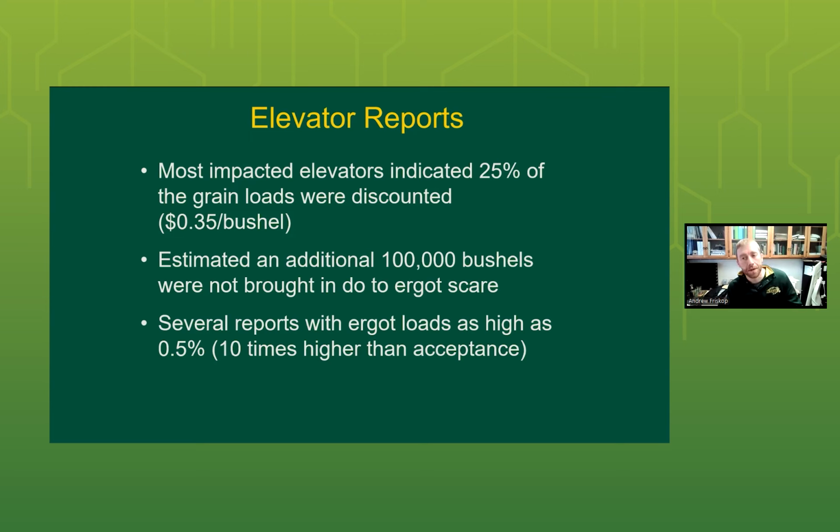Some of the samples coming in were at 0.5%, which is 10 times higher. And there was even a report of 5.28%. Now, this could have been some screenings or cleaning that was brought in. But the idea is that when we look at these thresholds, yes, we have to look at them. We know we have a very strict threshold, and it's kind of a vigilant type of effort when it looks out across elevators.